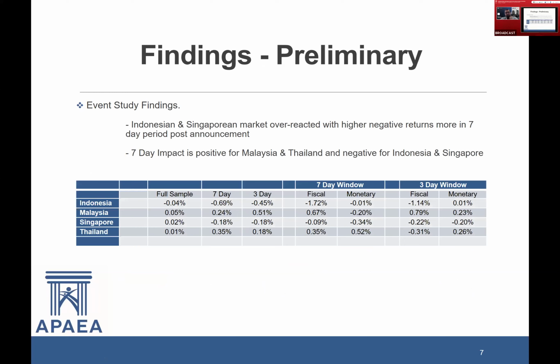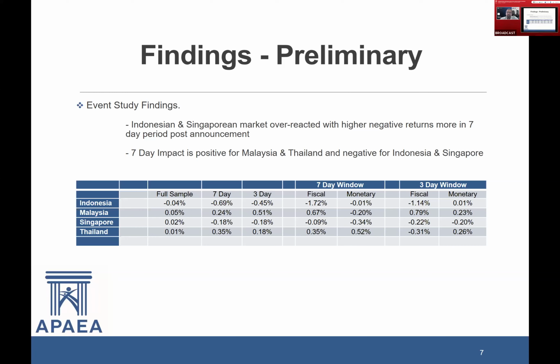The preliminary findings. As I mentioned, our exploratory one was based on just looking at the average returns. Our first column shows the average returns of the full sample. The second and third columns show the 7-day and 3-day post-stimulus announcement, aggregated for monetary and fiscal. And then we have the breakdown in 7-day and 3-day windows for each fiscal action and monetary action for each of the 4 countries.